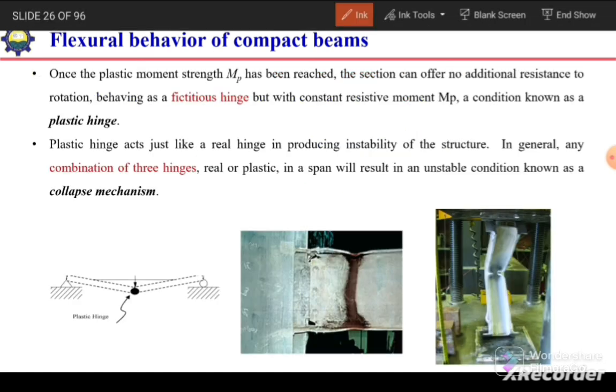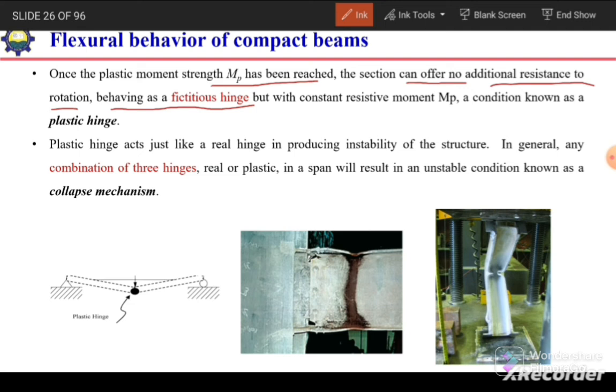Okay, once the plastic moment strength Mp has been reached, we have increased the bending moment and the stage has come when the whole section has yielded, so the section can offer no additional resistance to the rotation, behaving as a fictitious hinge. When the whole section is yielded, the section will not resist any further moment.